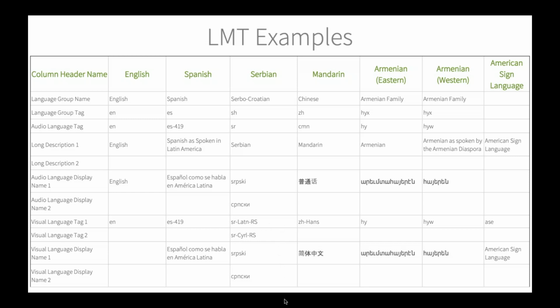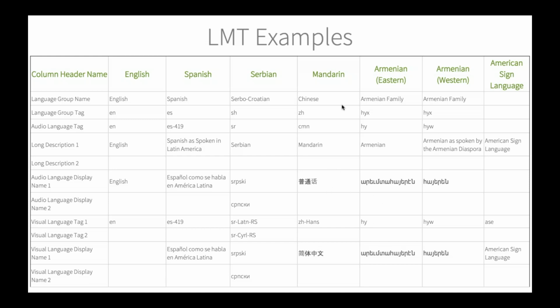What's really interesting, it kind of blew our minds, is that for Serbian, it's 50-50. There is no dominant written language there. So we had to make sure that we had a place to hold visual language tag 1 and 2. Orally, it's just one language, but written it could be other ways.